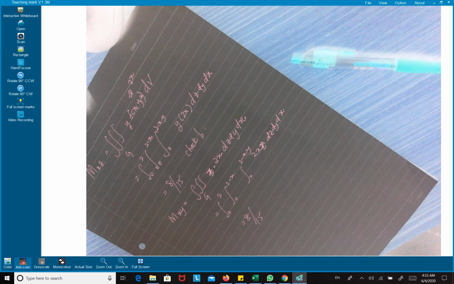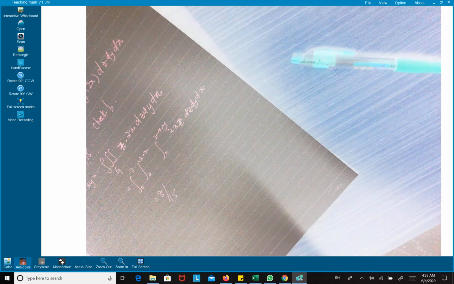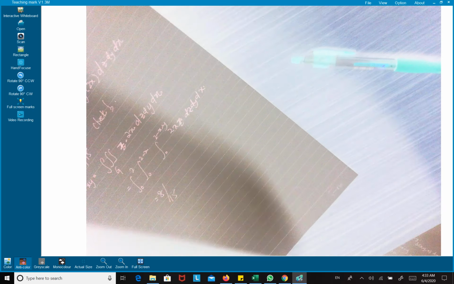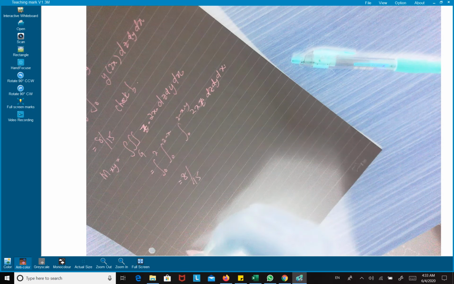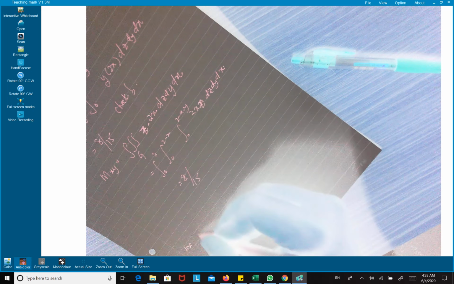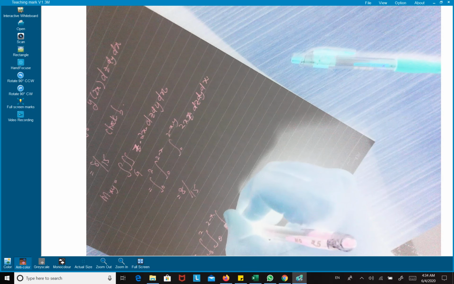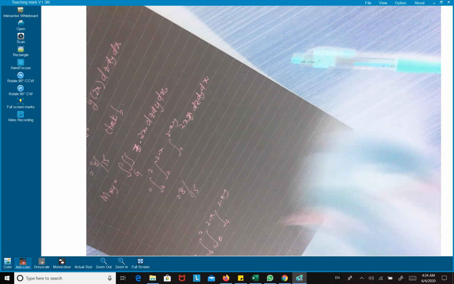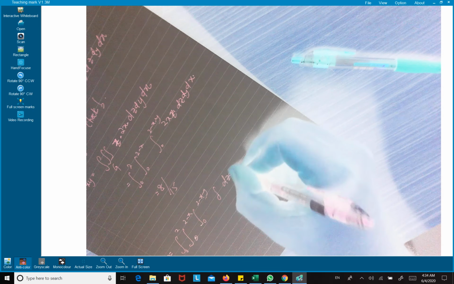Okay, so next you have to find the mass m. To find the center of mass, you have to find the small m. For the small m, you can use the same limits, 0 to 2, 0 to 2 minus x, and 0 to 2 minus x minus y, times the density, dz dy dx.